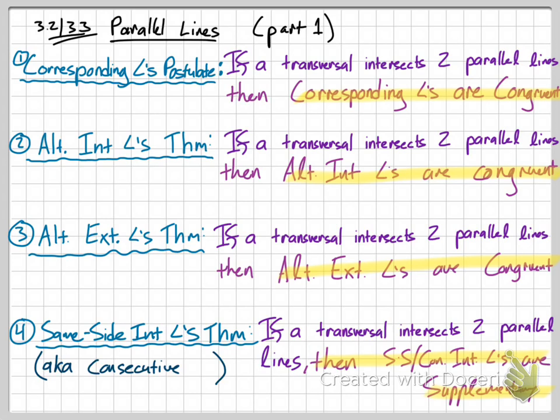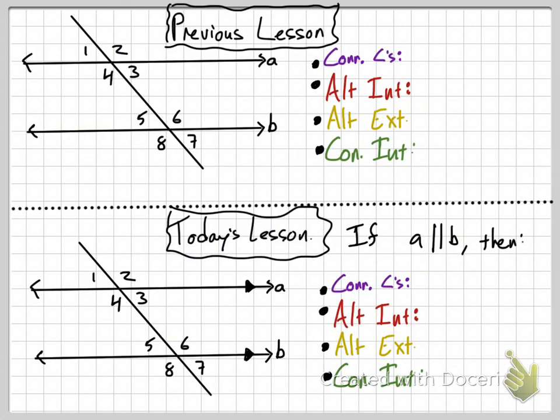And just a little bit about the difference between lesson 3.1 and today's lesson. In our previous lesson, corresponding angles, for example, which are 1 and 5, they are now going to be listed as angle 1 is congruent to angle 5. So the difference is being in the little symbol that we're going to be using here and here.